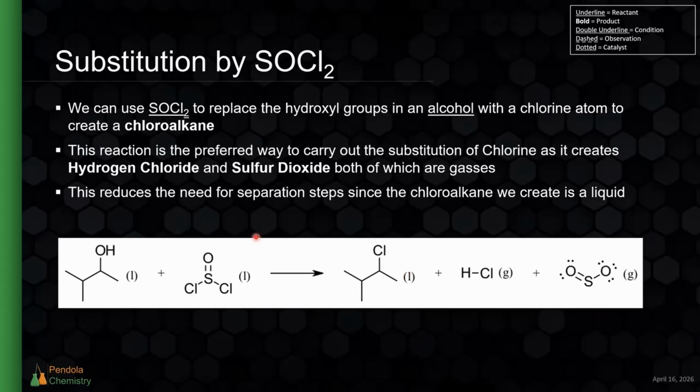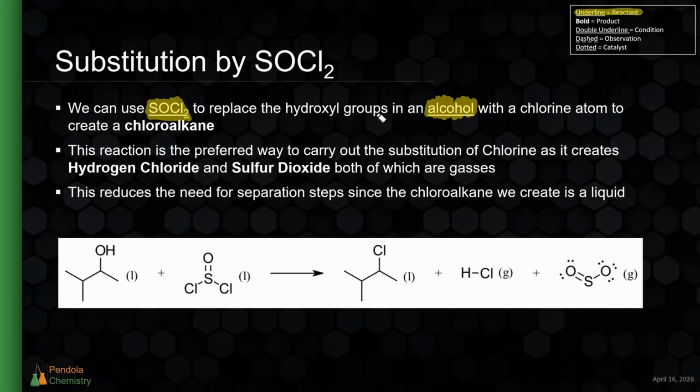There are actually 3 different ways of creating a chloroalkane in our curriculum. There are more in general, but there's 3 in our curriculum apart from the one we just saw. We can use substitution with SOCl2 in a reaction. So if we react our alcohol with SOCl2, both of which are going to be our reactants here.